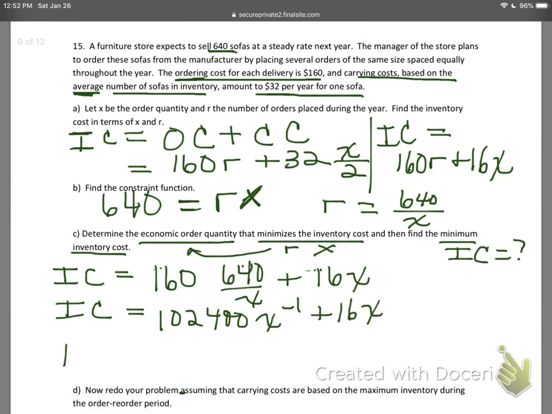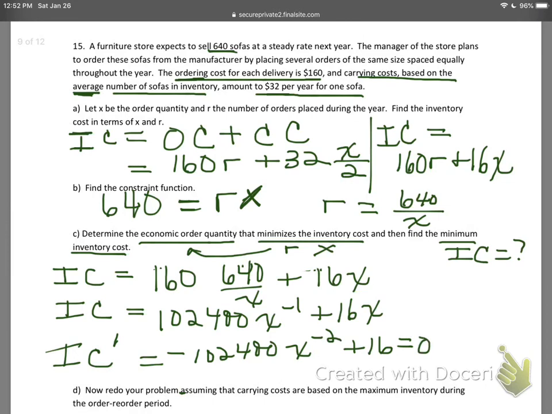Okay, now take your derivative, so change your notation. IC prime is going to be negative 102,400 X to the negative 2 plus 16. Okay, that has to equal 0.